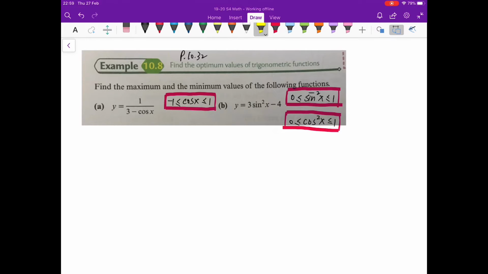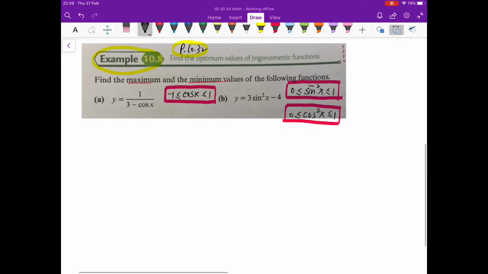Okay, so let's take a look at example 10.8 in your textbook, page 10.32. The question asks you to find the maximum and the minimum values of the following functions. For part A, the function is y equals 1 over 3 minus cosine x.